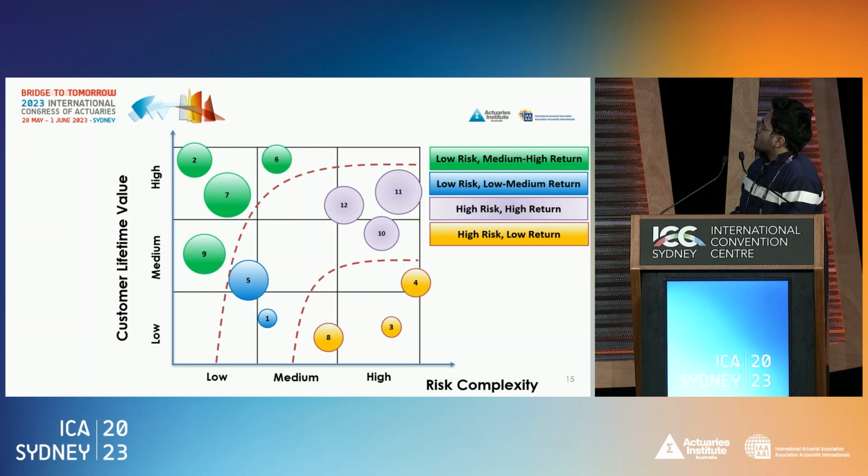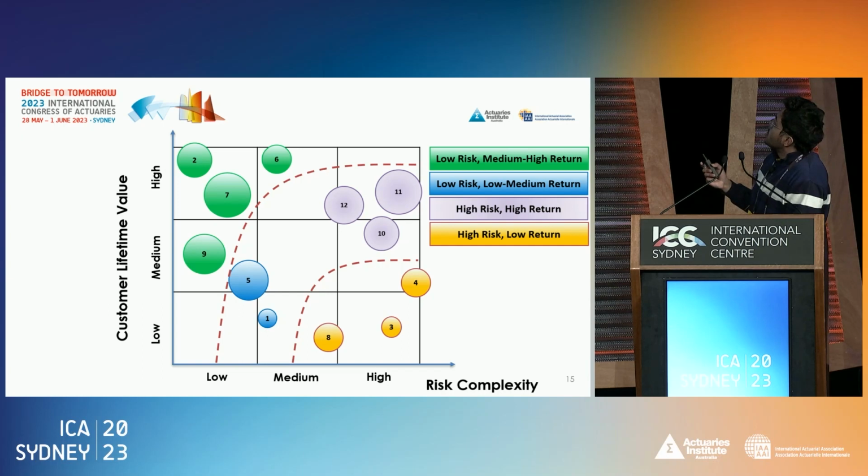This is a visual example of how the customer segments, once we bucket the customers into their low, medium, or high customer lifetime value, can be combined with the risk complexity model to form a matrix between risk complexity and customer lifetime value.